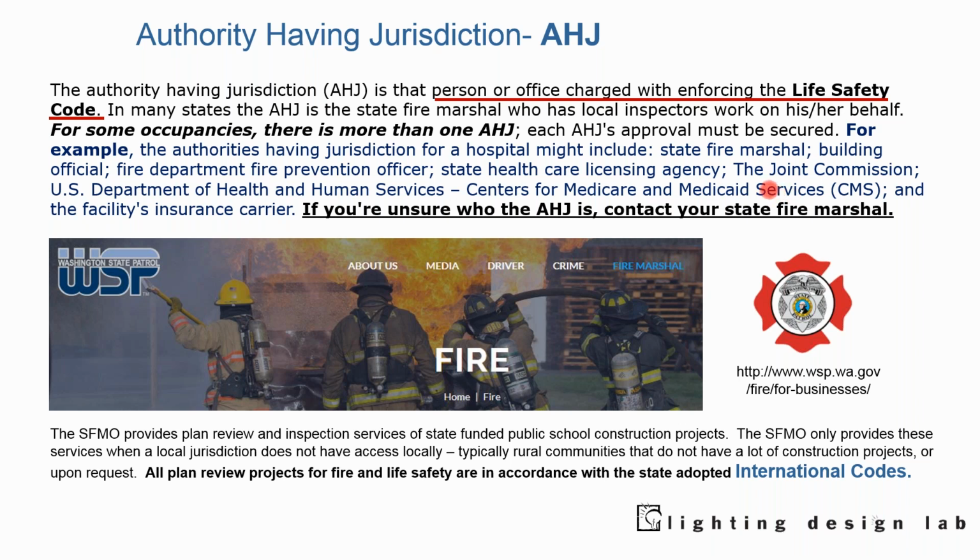All have a say in how a hospital might be built. If you're unsure, contact the fire marshal, because they ultimately can parse these things out. They're actually part of the Washington State Patrol. All plan review projects for fire and life safety are in accordance with the state-adopted international codes, and we'll touch on some of those as well.